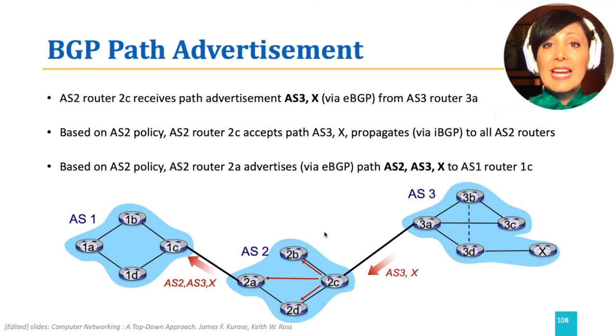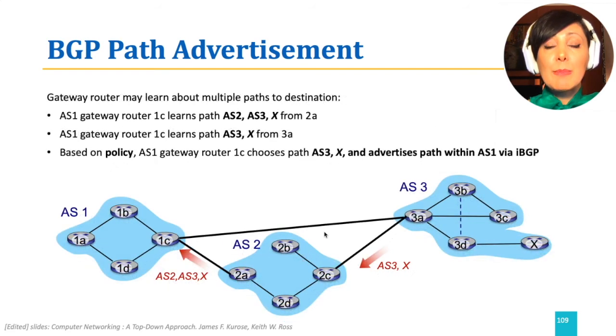However, a gateway router may learn about multiple paths to a destination. For example, AS1 gateway router 1c, which had previously learned the path AS2 AS3 X from 2a, now learns the path AS3 X from 3a.